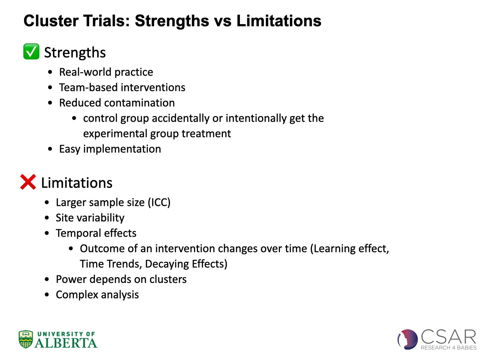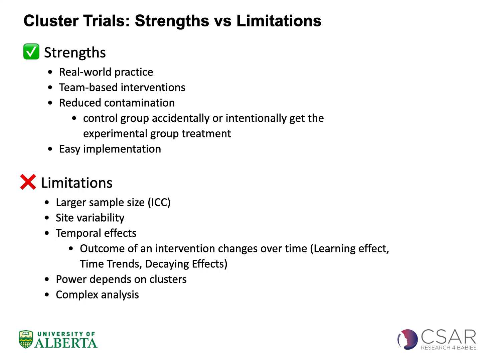A classical example is cord management, where people see the benefit of cord management and might not want to do a different cord management approach in the control group. And that's a problem in particular for individually randomized controlled trials, while in cluster trials, when you do this one approach, this is the policy and everybody has to follow it.